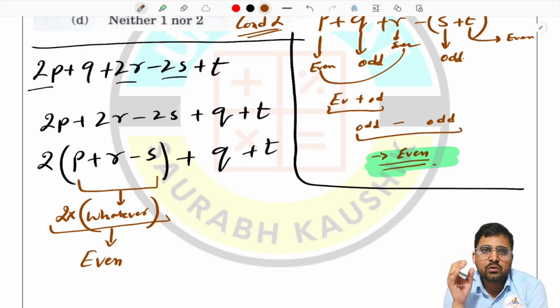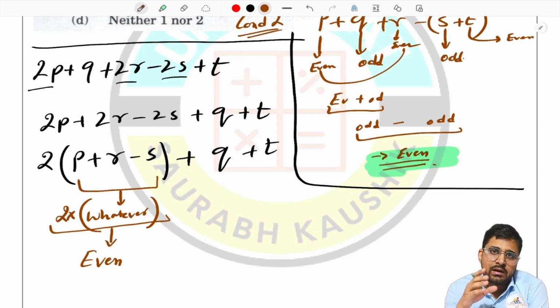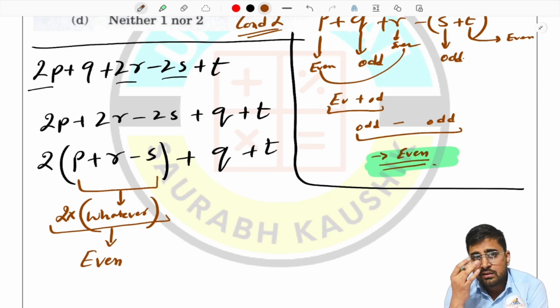For example, 3 into 2 is 6, 9 into 2 is 18, 19 into 2, 85 into 2, 99 into 2. You will get the number in an even sense only.